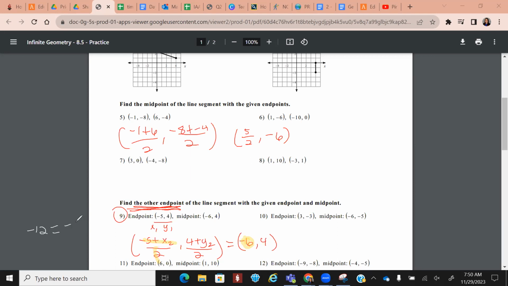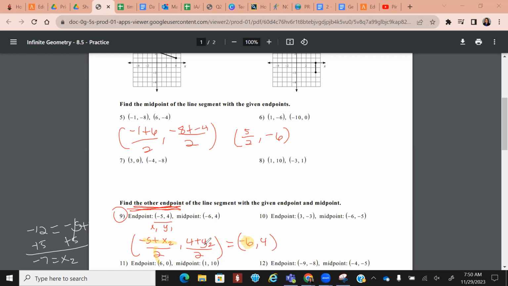And we're going to set that equal to -5 plus x2. Now we're going to solve for x2. So we're going to add 5 to both sides. And that's going to give me -7 equals x2. Does that work in this equation? Yeah. So then we did that right.